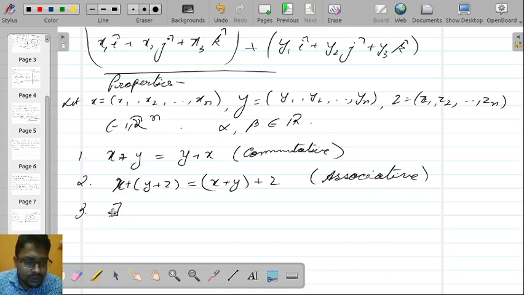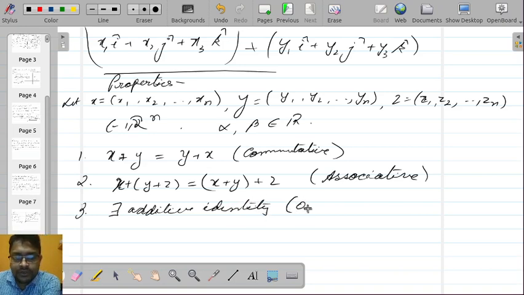And so there exists an element, or there exists additive identity. What is that additive identity? A vector which when added to other vectors will give you the vector itself.